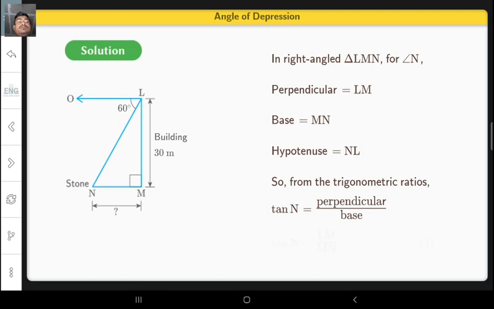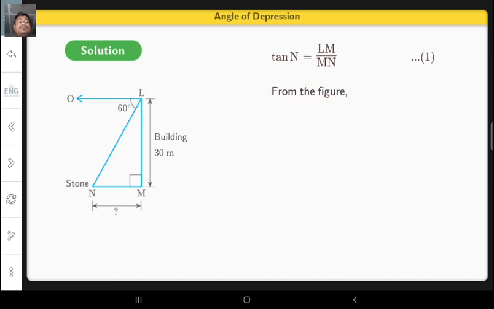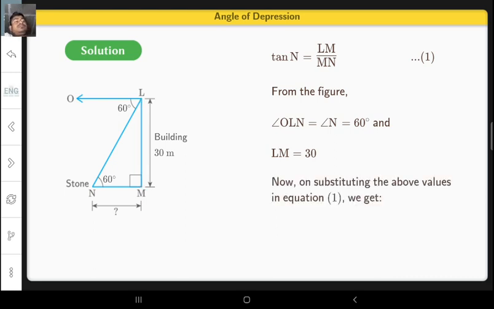Thus, we can write tan N is equal to LM upon MN. From the figure, angle OLN is equal to angle N, which is equal to 60 degrees, and LM is equal to 30 meters. Now, on substituting the above values in equation 1, we get tan 60 degrees is equal to 30 upon MN.